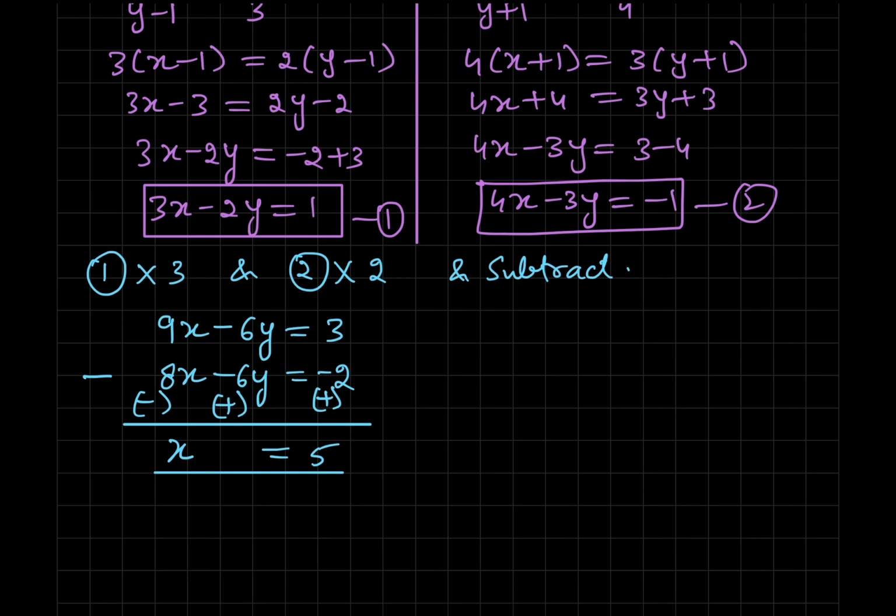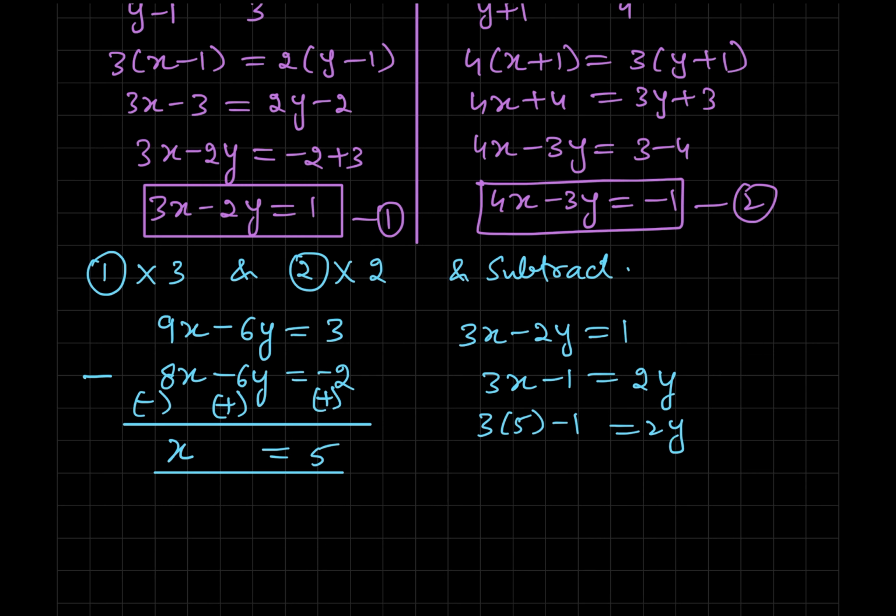Now we can plug in this x equal to 5 in any one of these equations, number 1 or number 2. I'm taking the first one, 3x minus 2y is equal to 1. So I can say 3x minus 1 is equal to 2y. I transposed 1 to the left hand side and negative 2y to the right hand side. So 3 times 5 minus 1 is 2y.